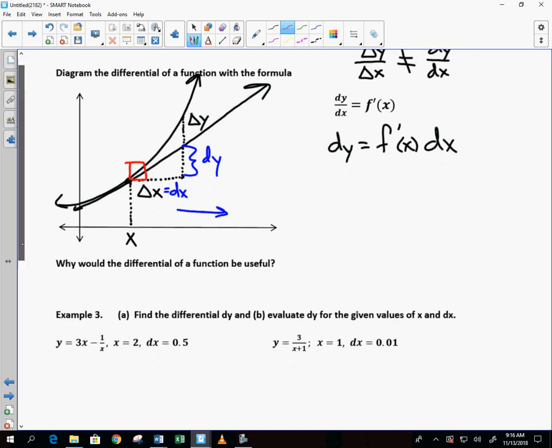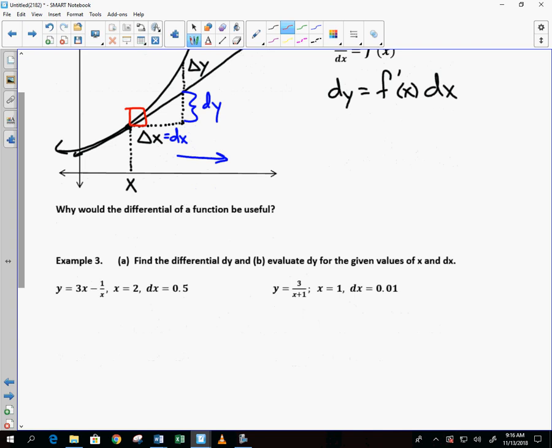So why would the differential of a function be useful? Dy equals f prime of x dx helps us estimate delta y in close proximity.